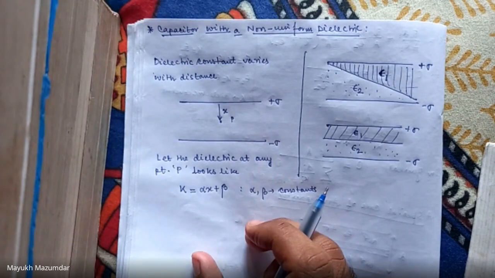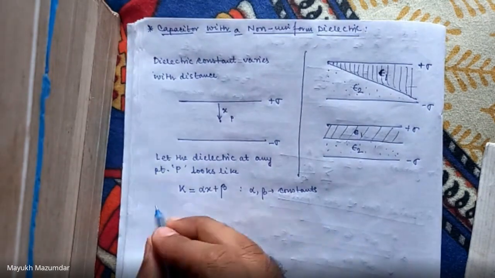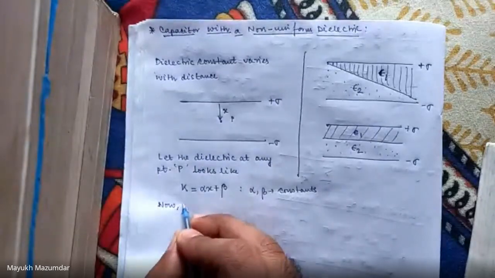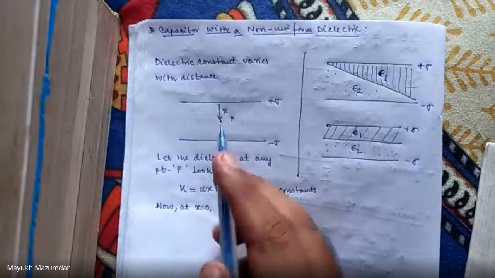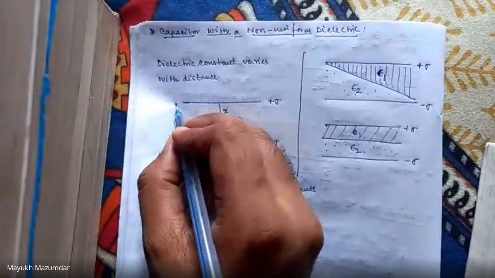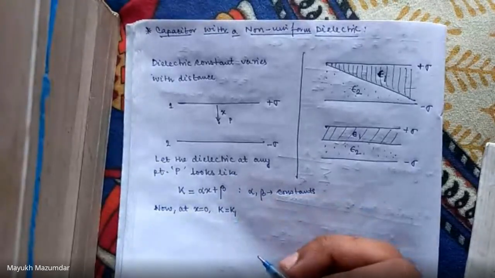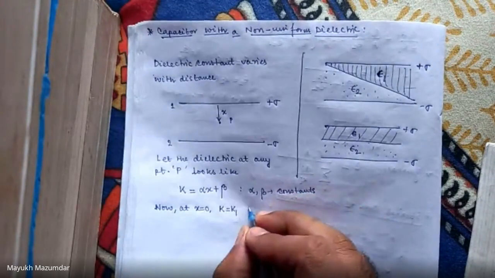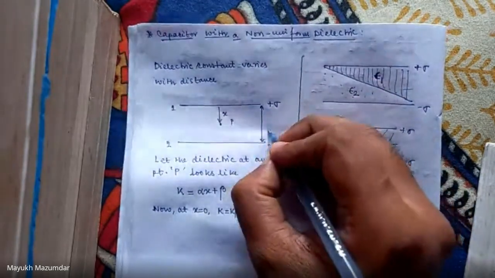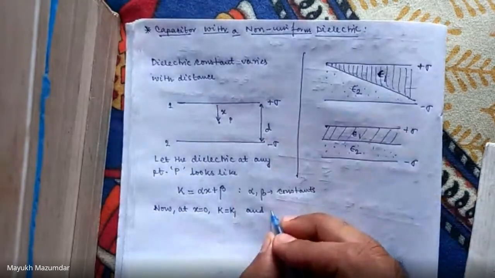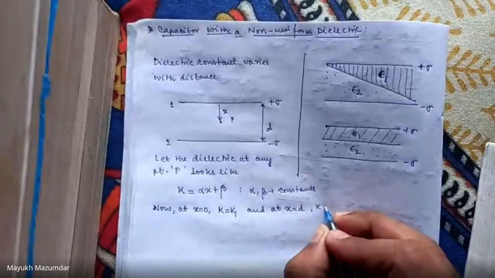Fine. So now what we can find, say now at x equal to 0, that is at the first plate, plate 1, plate 2, the value of k is k1, and if the distance, the gap between the two plates, is d, then at x equal to d, that is on the second plate, the dielectric constant is k2.